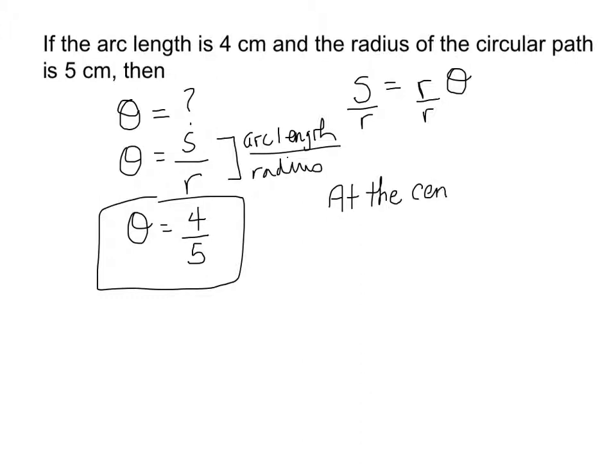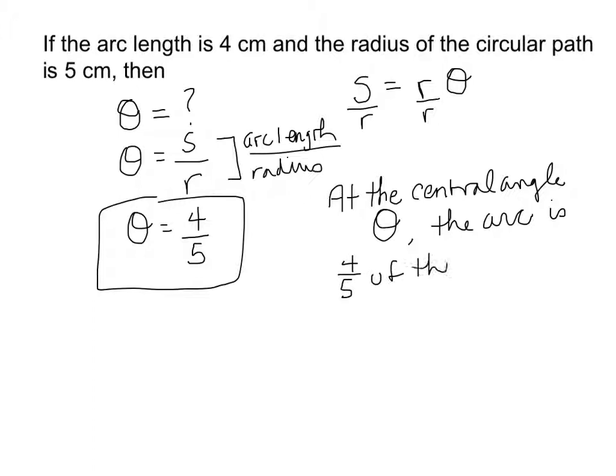at the central angle, theta, the arc is 4/5 of the radius. And some of you are going, wait a minute, that does not directly follow. At theta, the arc is 4/5 of the radius.